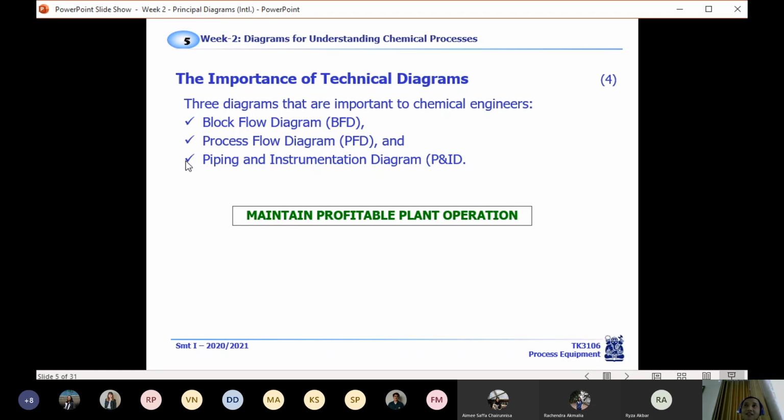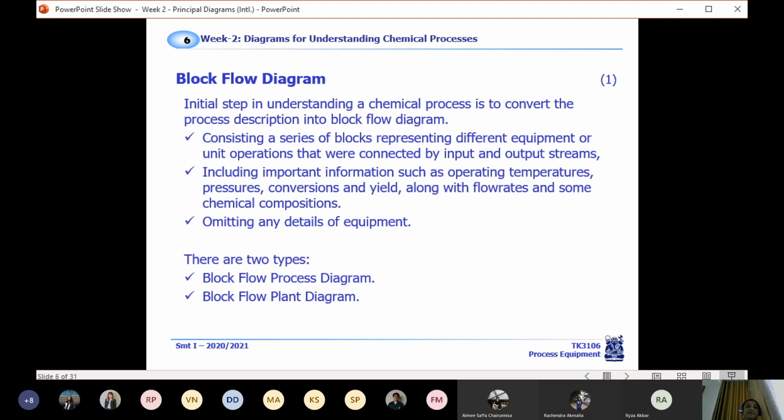For electrical there is also the one line diagram, the utility diagram for the utility, and other types of diagram, like the tie-in list diagram, when you have to connect the pipe, and others. But we focus on these three diagrams, BFD, PFD, and also P&ID.